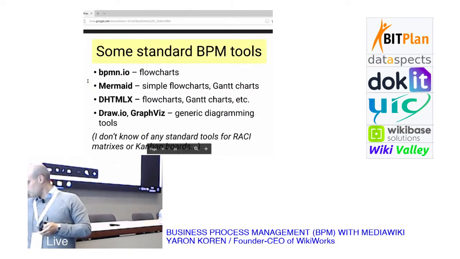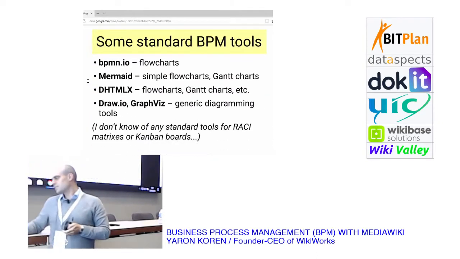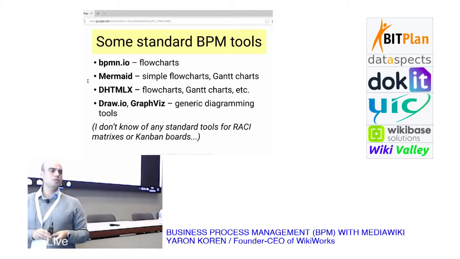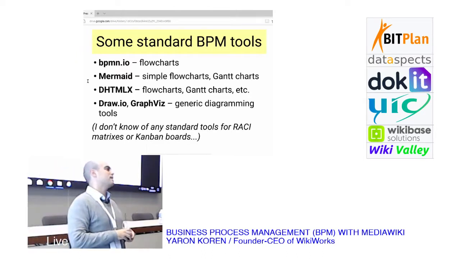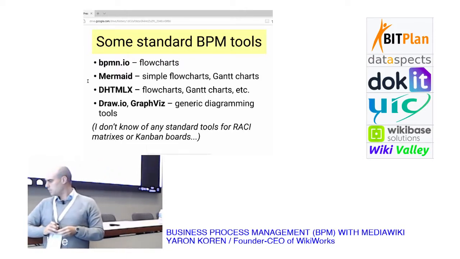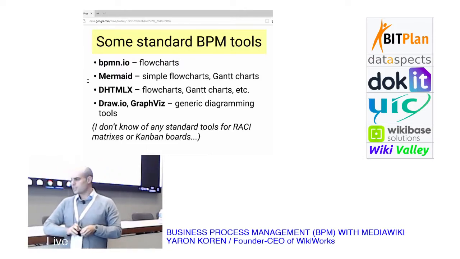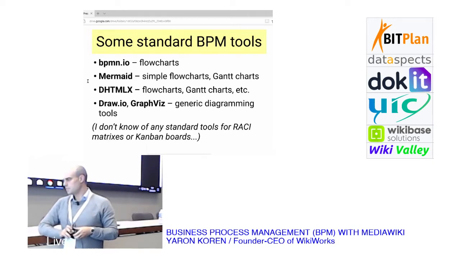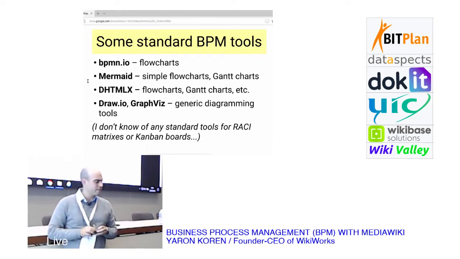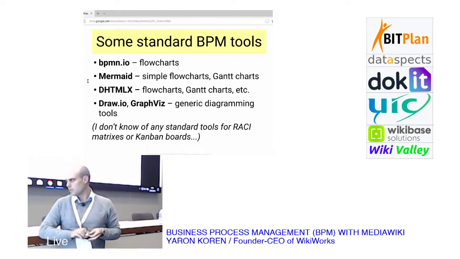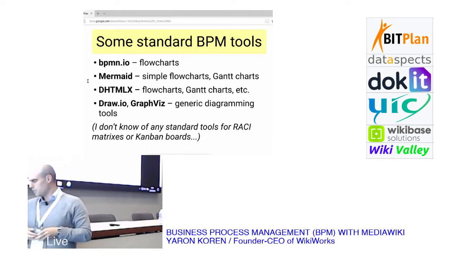And here, this is just stuff I know about BPM tools for visualizing and creating this stuff on the web, at least. I think most of these are JavaScript based, except for GraphViz. There's BPMN IO, Mermaid, which already came up in the previous talk, which is popular, and then a few others.